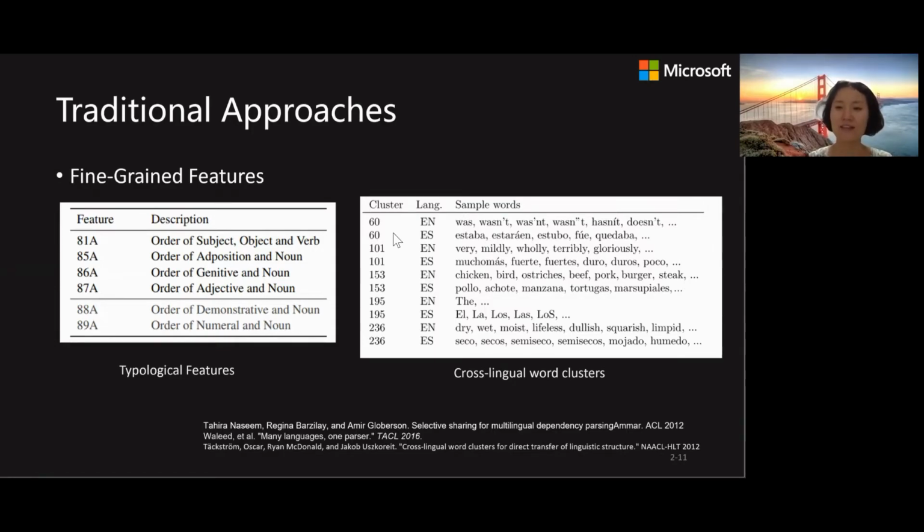We can see that such word clusters can remove fine-grained information compared to part-of-speech features. So introducing features derived from cross-lingual word clusters has been shown to significantly improve the accuracy of cross-lingual structure prediction.